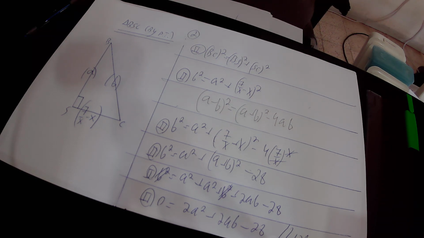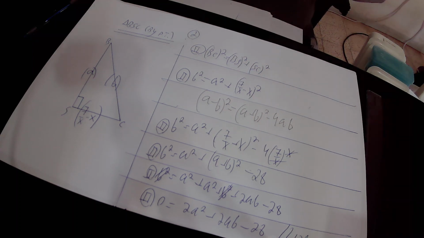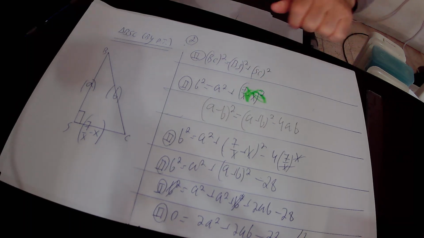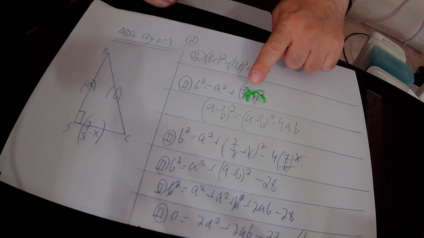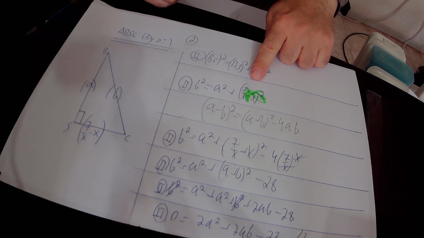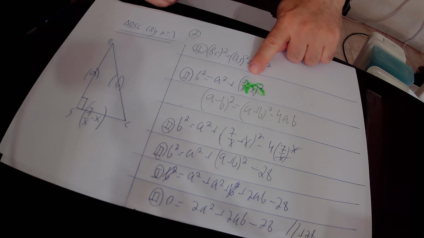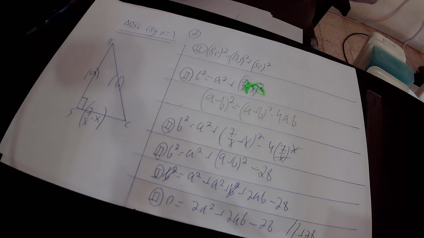We use this identity for the expression 7 over x minus x squared. If we substitute 7 over x by a and x by b, we get that 7 over x minus x squared is equal to 7 over x plus x squared minus 4 times 7 over x times x.